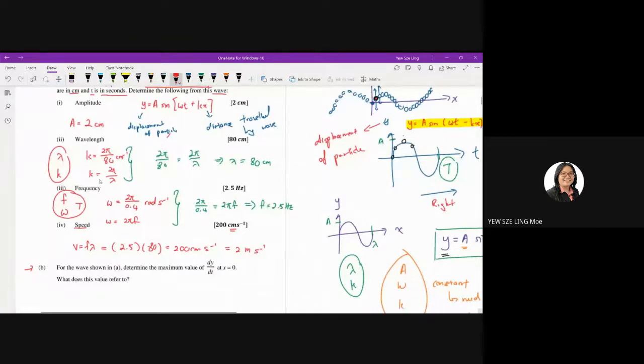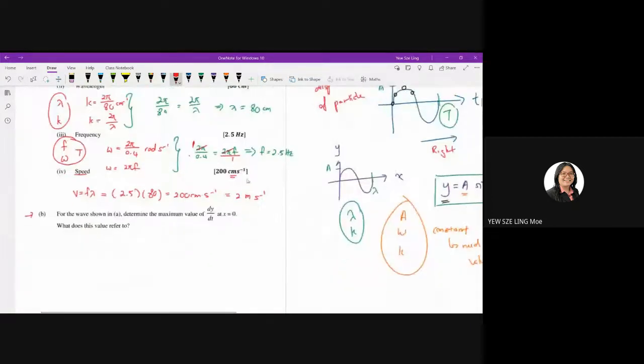Okay, so question 3, basically you just cancel the 2 pi, right? This is actually 2 pi f over 1. So you cancel out 2 pi, this one f divided by 1, you obtain f, and then this one becomes 1 over 0.4. Dia menjadi 1 per 0.4. So you cancel it out.